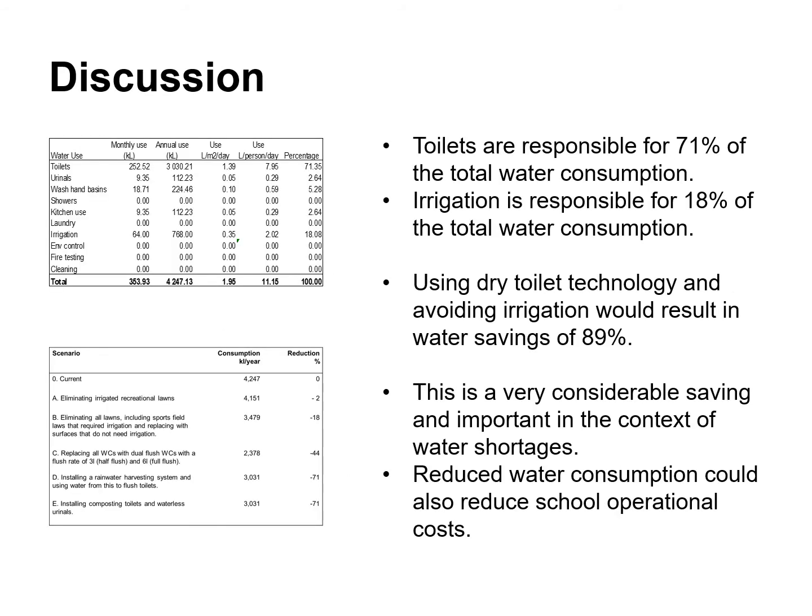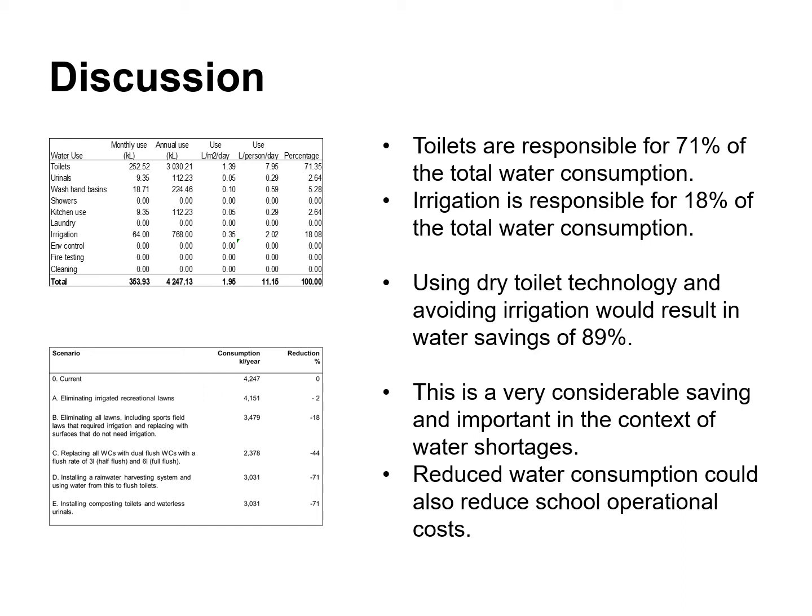So what's interesting, if we look back at those results, we see that toilets are responsible for about 71% of the water consumption and irrigation for about 18% of total water consumption.